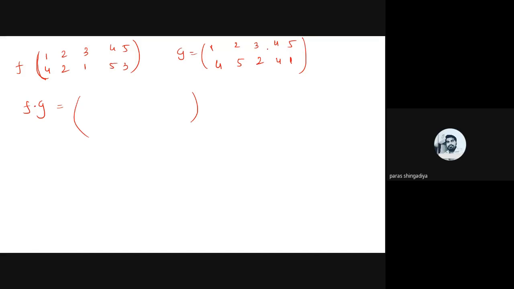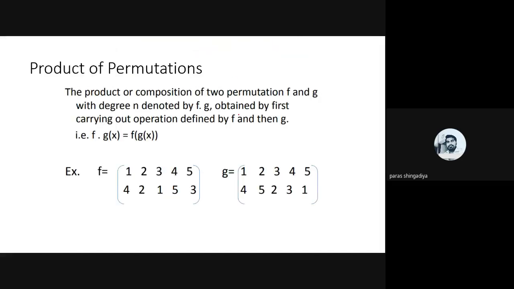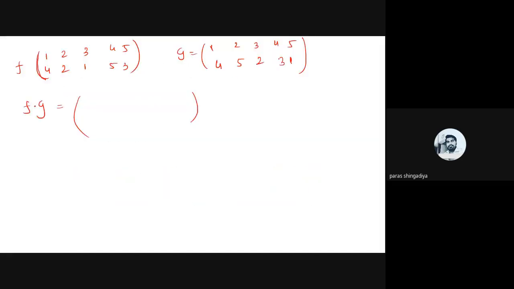Here we check the value of 4: the output of 4 in the G is 3. So the corresponding value of 1 will be 3 in the F dot G.